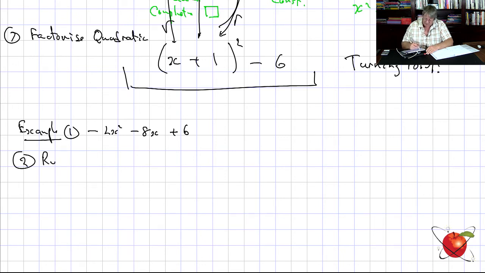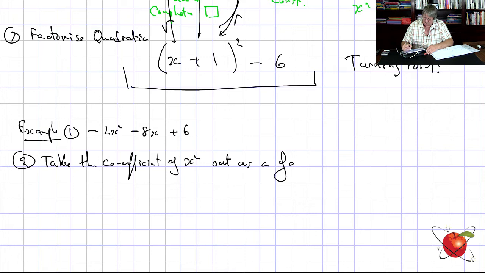Step 2 then says remove. No, I'm not going to use the word remove. Okay. Take the coefficient of x squared out as a factor.